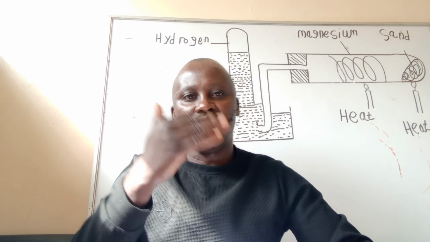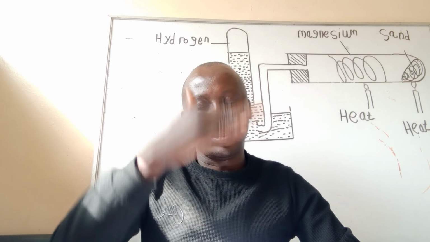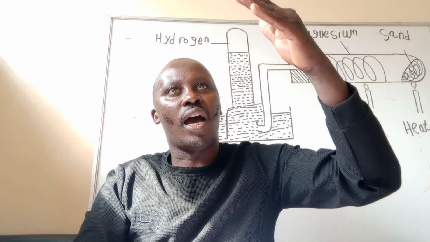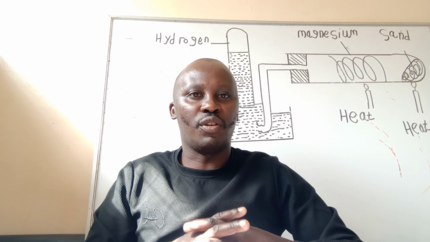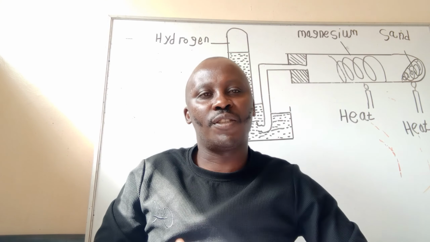How is it being used in the industry? It is mixed with oxygen to produce oxyhydrogen flame, which is used for welding and the cutting of metal. That is an industrial use.